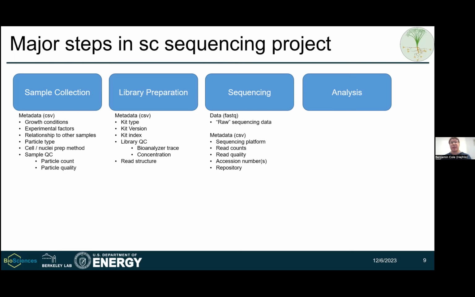Then information about the sequencing. This is where the big data comes in, like the actual FASTQs. Those need to be available somewhere that can be accessed. And then all the metadata associated with sequencing, including the platform, how many counts, read quality, accession numbers, and which repository the data is provided in.